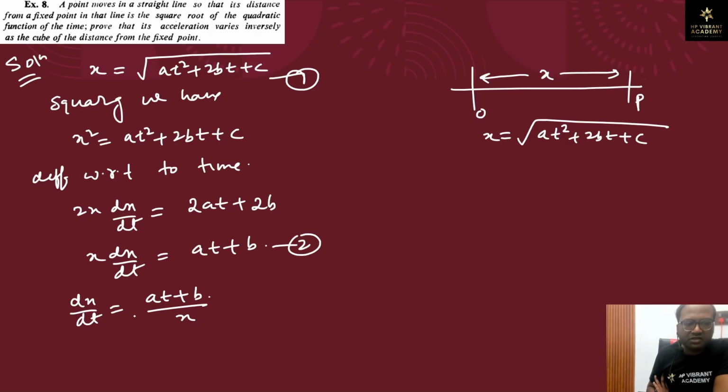Now let us further differentiate this. So we have d2x upon dt square.